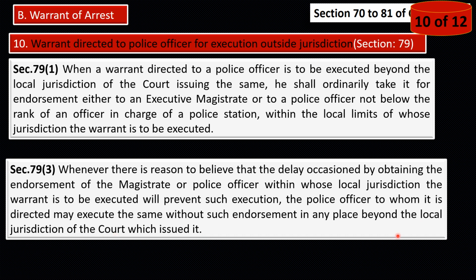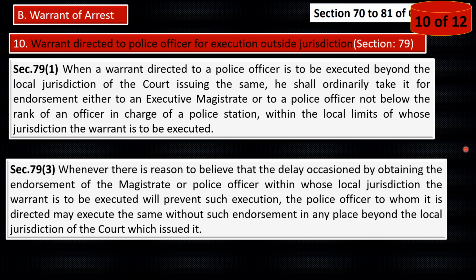Now, this section should not be misunderstood just because it says that he can, even without having the jurisdiction, execute it beyond his jurisdiction. It is only in those circumstances where the delay in obtaining endorsement from the magistrate or police officer in whose jurisdiction the warrant is to be executed will prevent such execution.